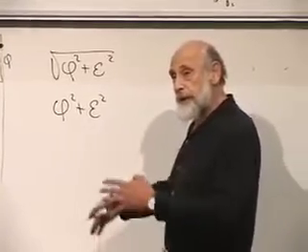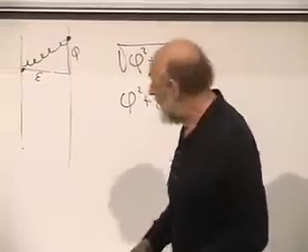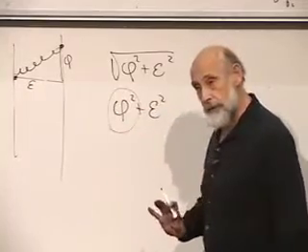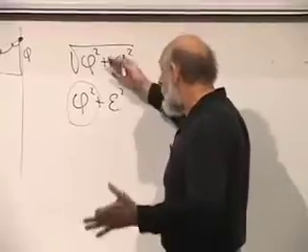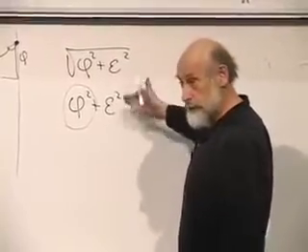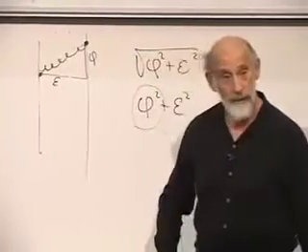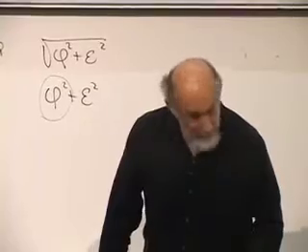And a number added into the energy doesn't affect the equations of motion. The only dependence of u on phi is this term here. Okay? So we don't have to worry about the other term just because it's a constant and can't affect the motion of the system. That's the reason for writing it in this form, as just phi squared.